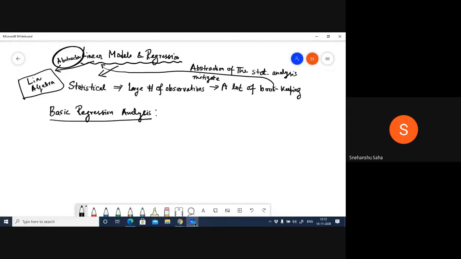So there is this dependent variable and an independent variable, let's say just one for now. The idea is that we try to figure out a function.